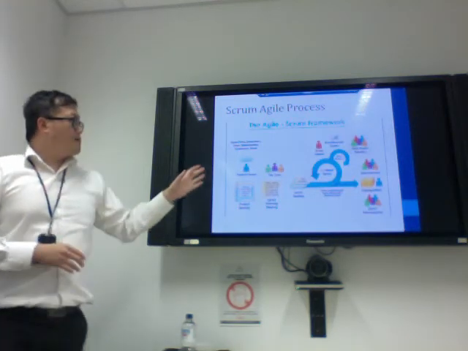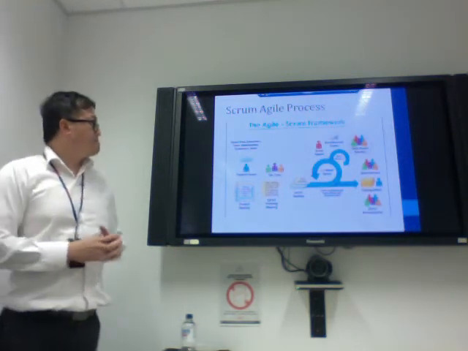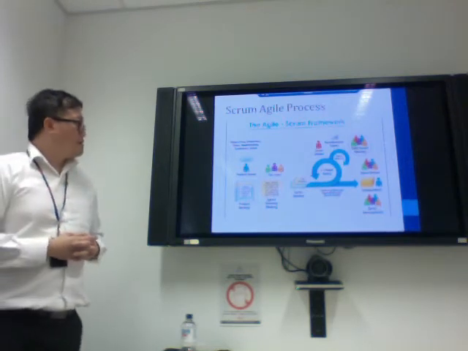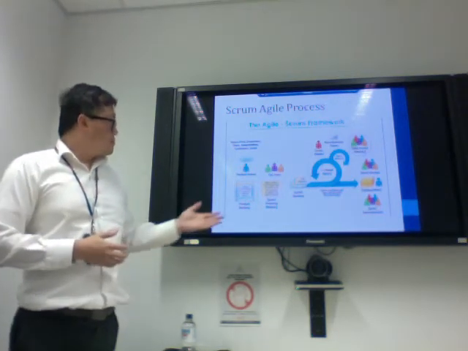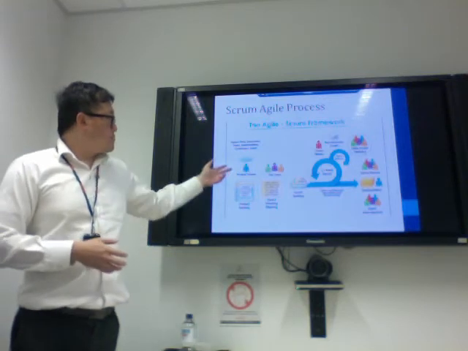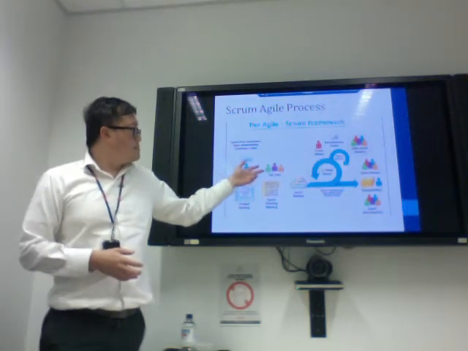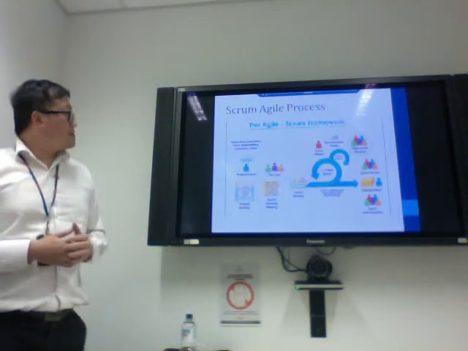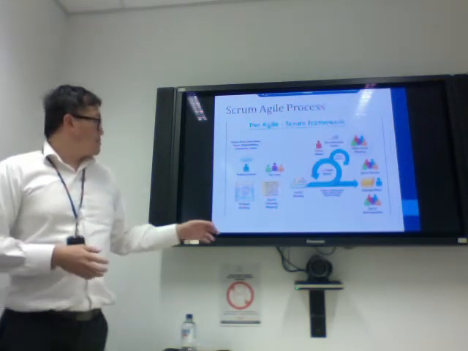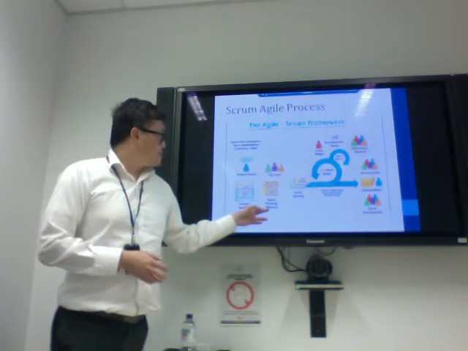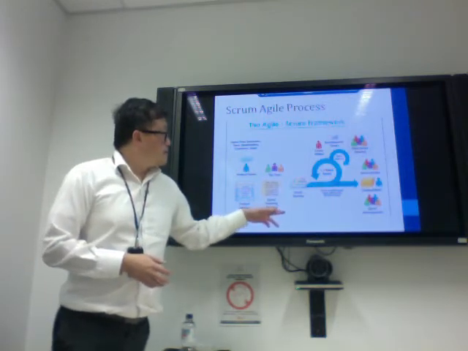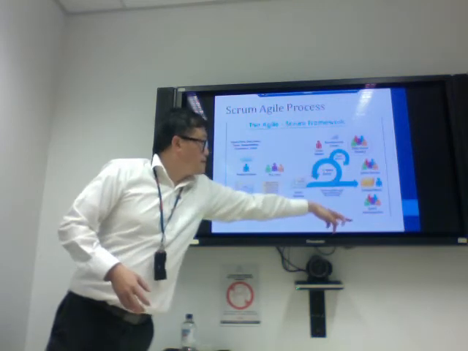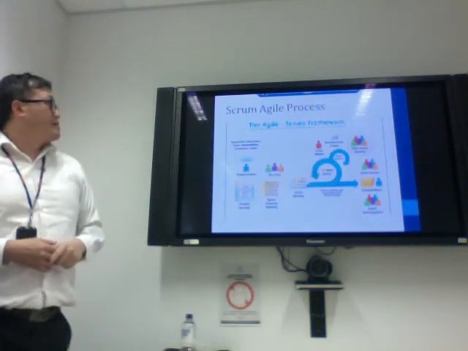So these are all the various components, a high-level view of what the Scrum framework involves. What you can see here are the roles in a Scrum team: the product owner, the team, the Scrum Master. Here you can see the processes within the Scrum framework, which are the sprint planning meeting, the daily stand-ups, the sprint review, and the sprint retrospective.